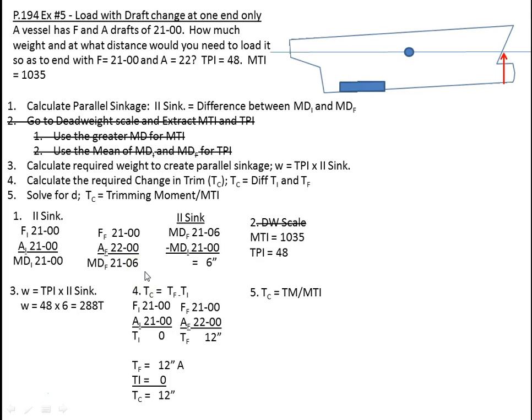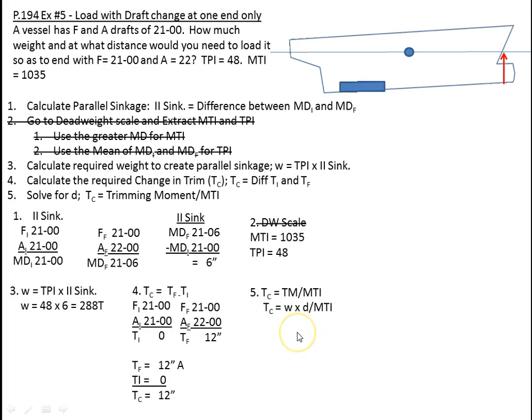So step 5, now we have to figure out the distance. We know how much weight we're going to have to add. Now we have to figure out where to put that weight. So trim change equals trimming moment divided by MTI. Well, again, we can break trimming moment down into 2 variables.